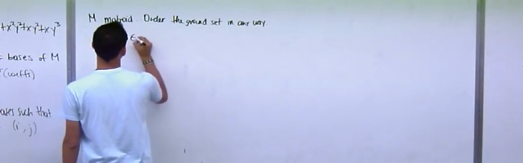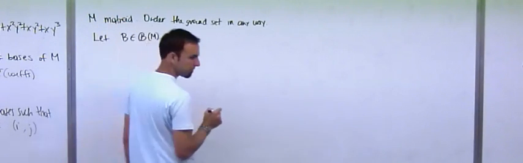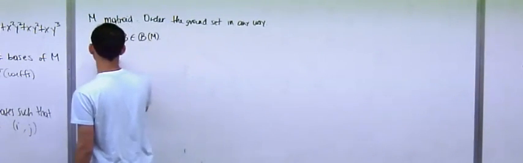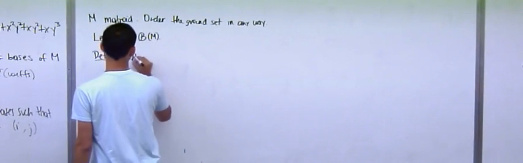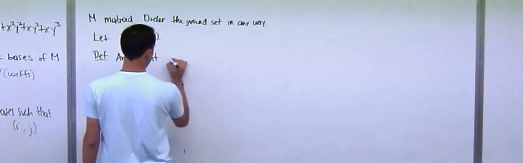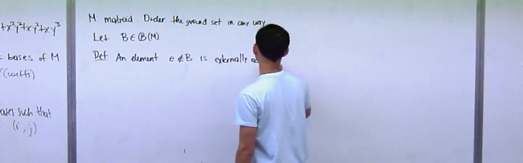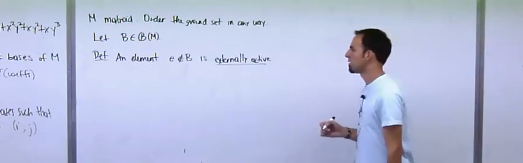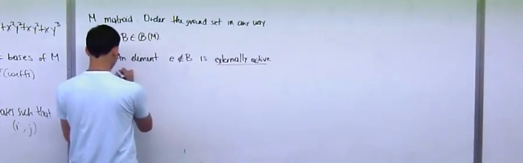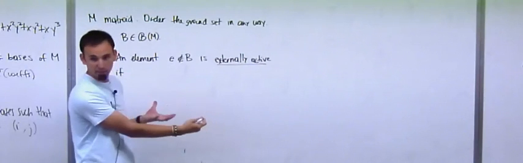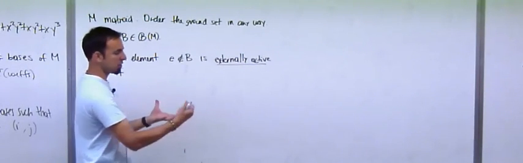Let's say that you take a basis of the matroid. Definition. An element e, which is not in the basis, we're going to call externally active if the following holds. We have a basis B and an element not in the basis.